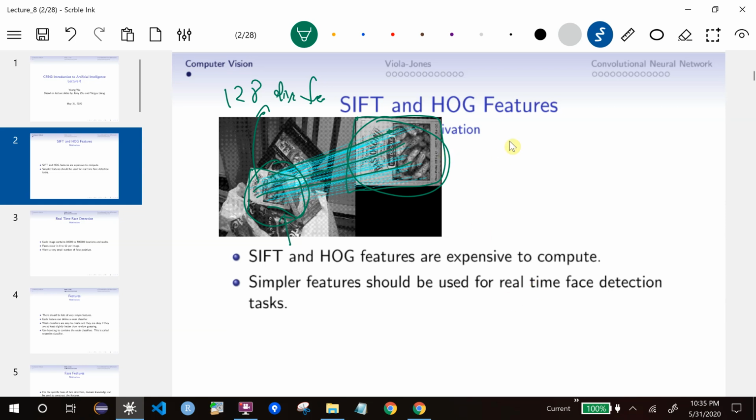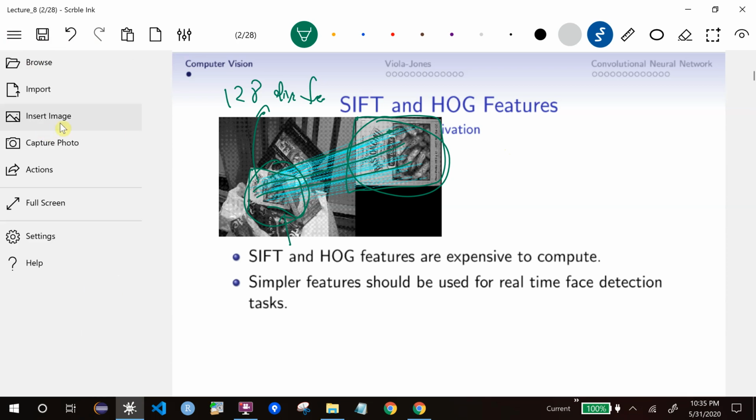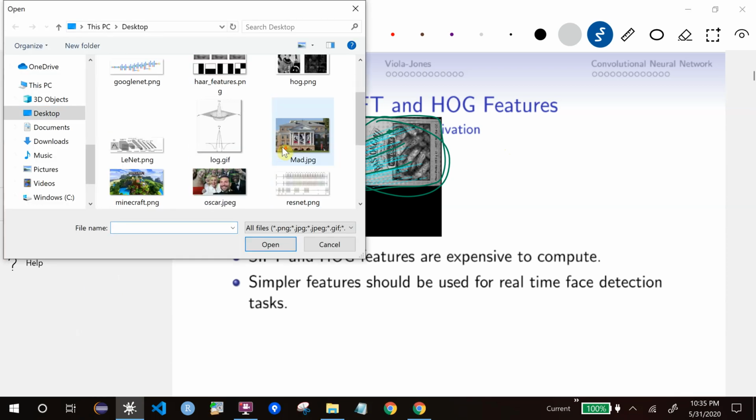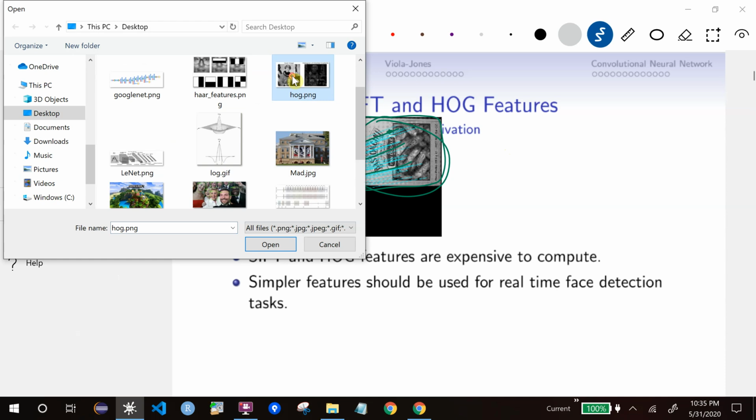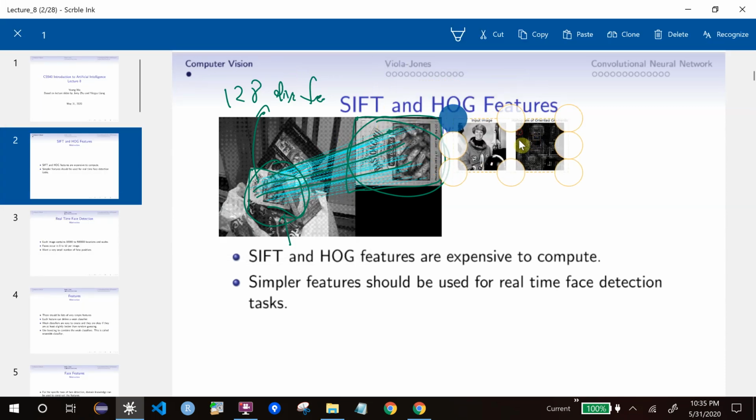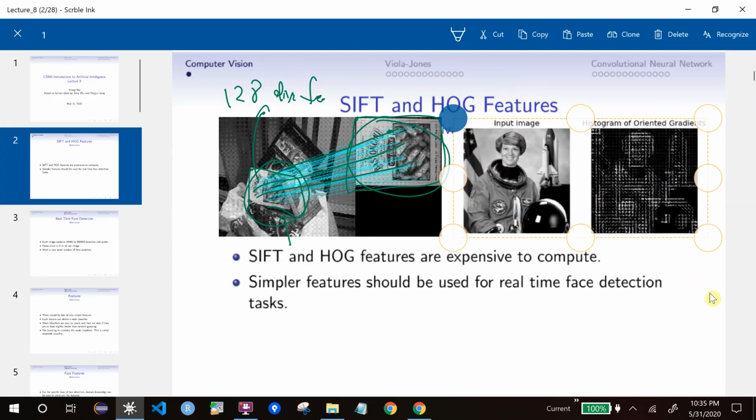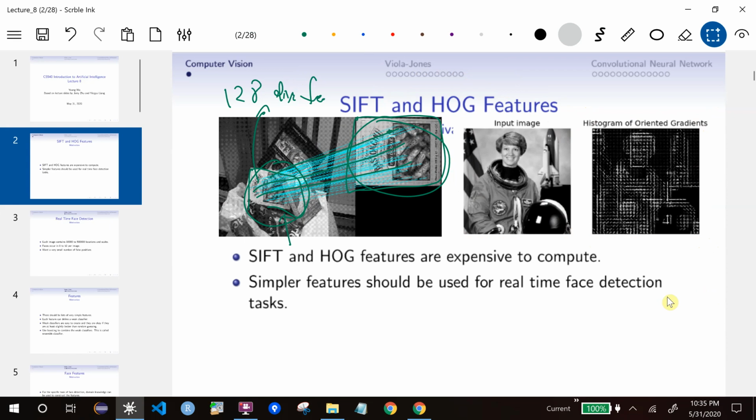And for HOG, let me show you that image. We have an image, and for each small region, the first region, the second region, for all of them sequentially, systematically, we compute these HOG features.